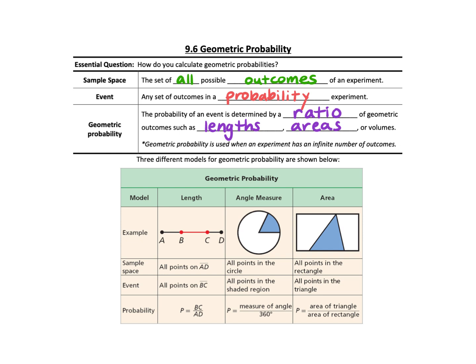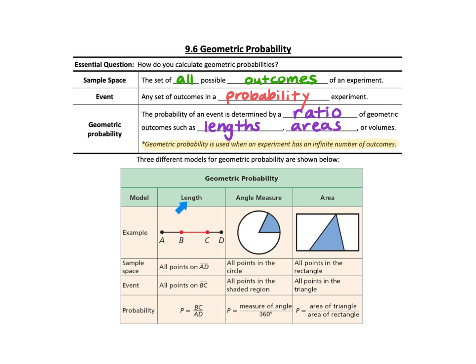One important thing to note is that geometric probability is used when an experiment has an infinite number of outcomes. So the dice example I gave at the beginning, where you roll a dice, that wouldn't be geometric probability. That's just basic probability. For geometric probability, we're going to look at 3 different models.